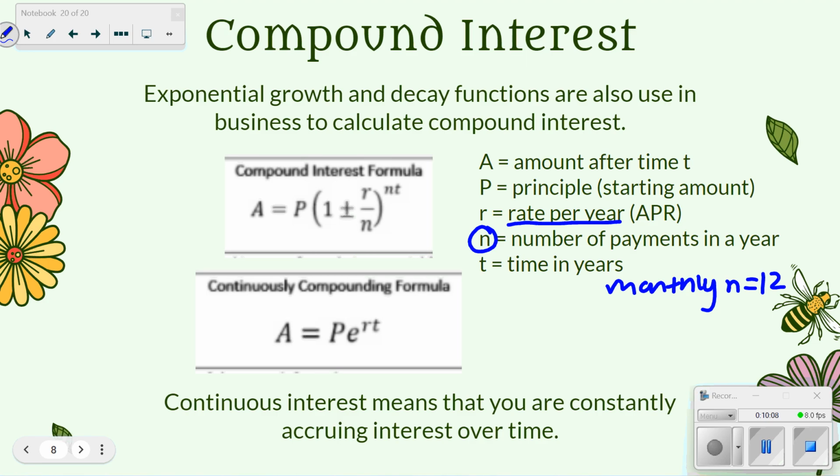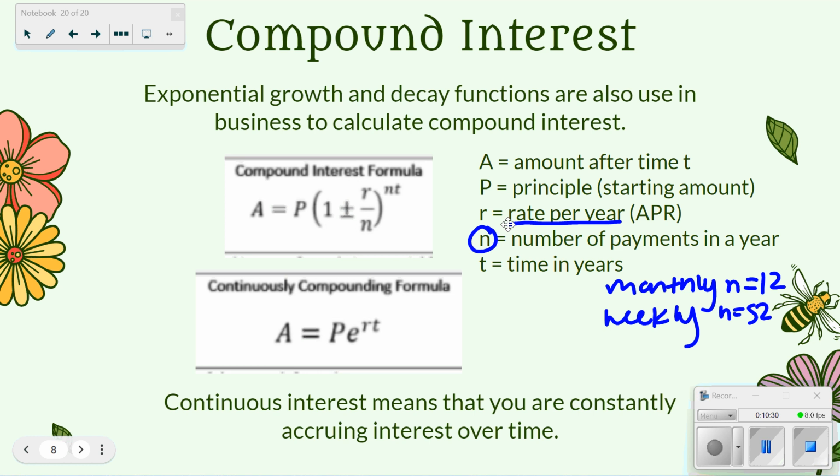Weekly, 52, since there are 52 weeks in a year. So read the context of the problem for your N value, which is how many times you're compounded.